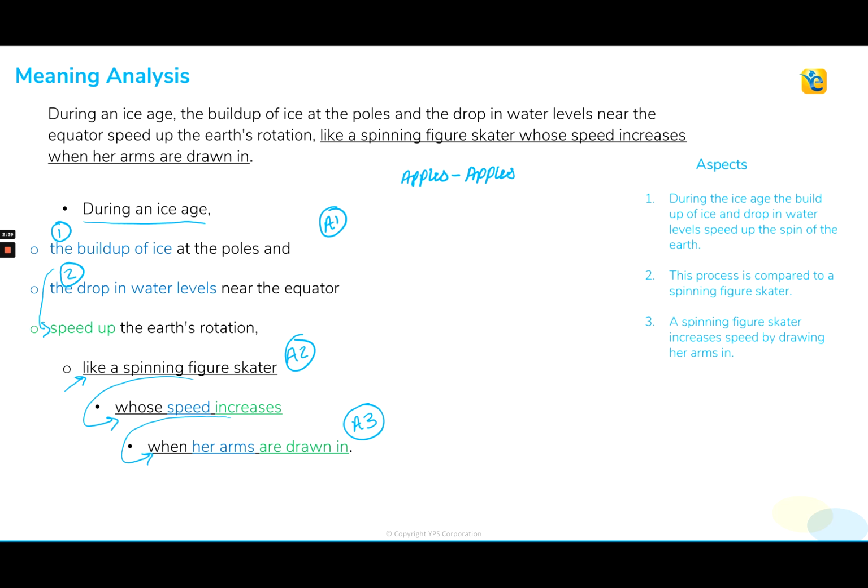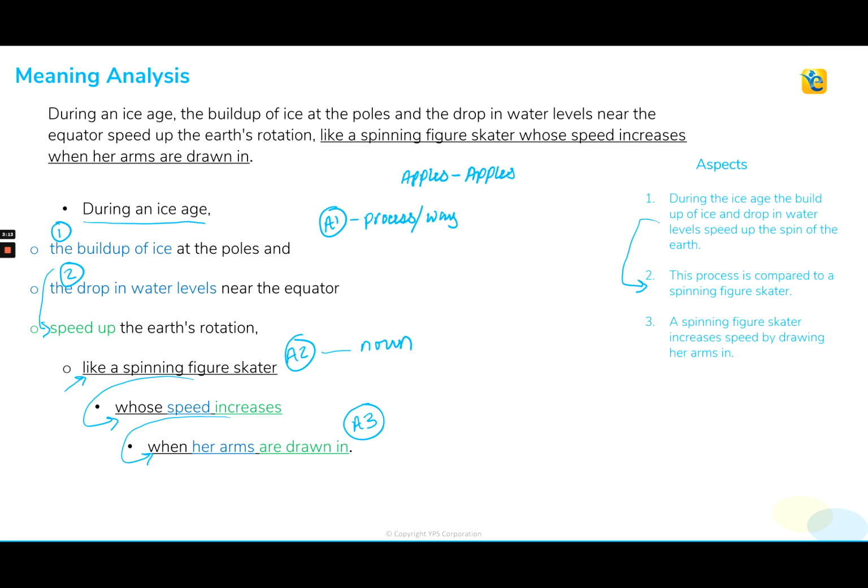Now in aspect one, we have this process, or the way that the Earth's rotation is sped up, that buildup of ice and that drop in water levels. That is aspect one, and it is being compared to aspect two, which is the spinning figure skater. This is a noun entity.